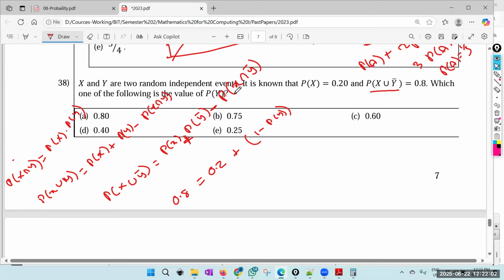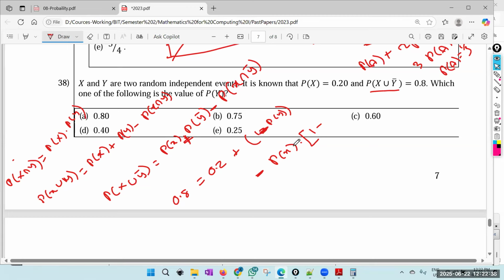Then this one is minus P(X) times P(Y bar), and P(Y bar) is 1 minus P(Y), because this is a multiplication. So 0.2 times 1 minus P(Y).